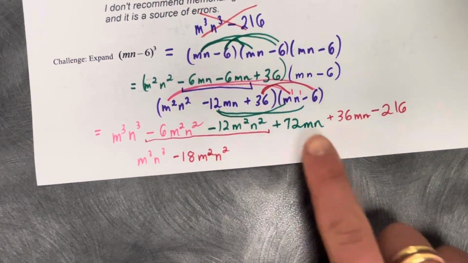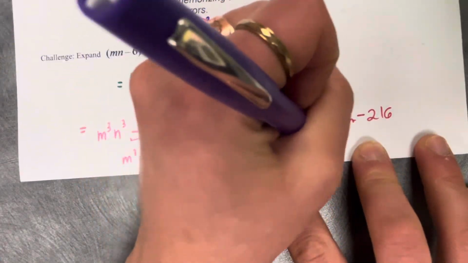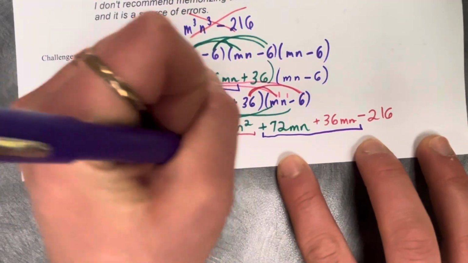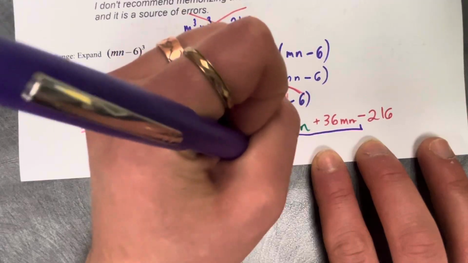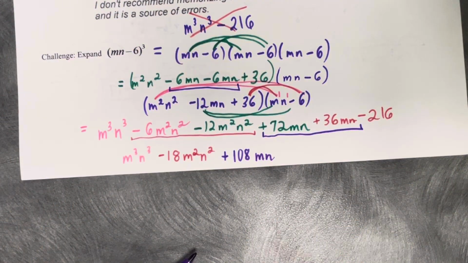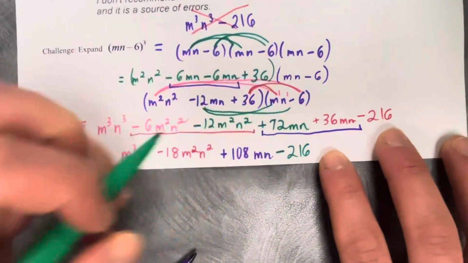And then we can combine these mn terms. So 72 and 36 make 108. And then minus 216 stays by itself. Box in your answer.